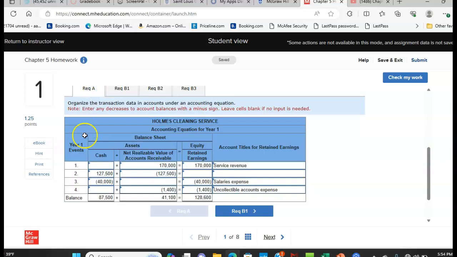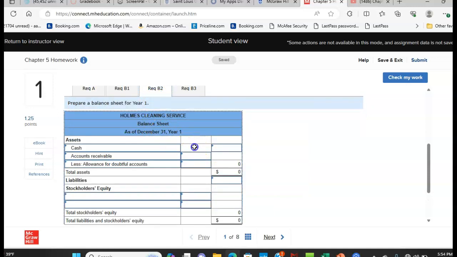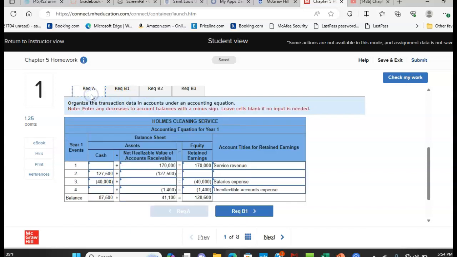So again, your ending cash balance was $87,500. The accounts receivable account, let's see, the account receivable was 170 and they paid us 127,500. I should know it's in my head, but that's okay. That's why we have a calculator, right?